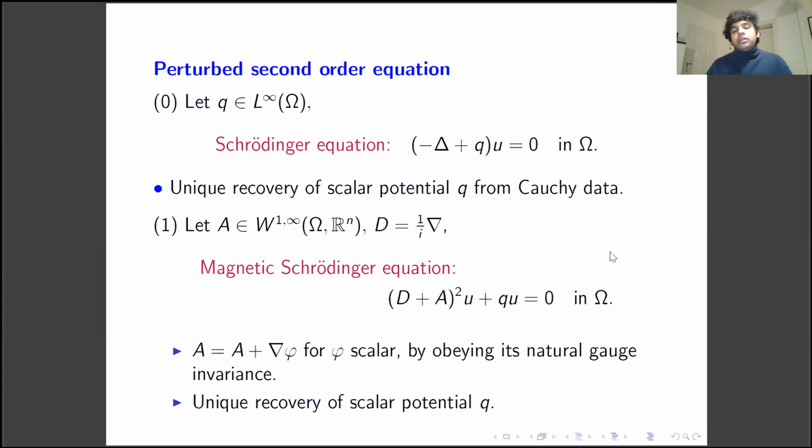And of course, we can't determine the scalar part Q. So this gauge invariance matters. If I have a second order operator with a first order perturbation, then it's not really true that we can recover A uniquely as the first order term.